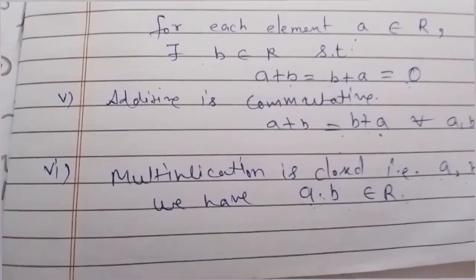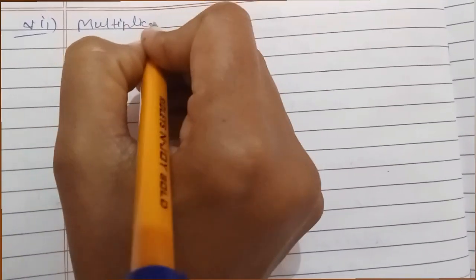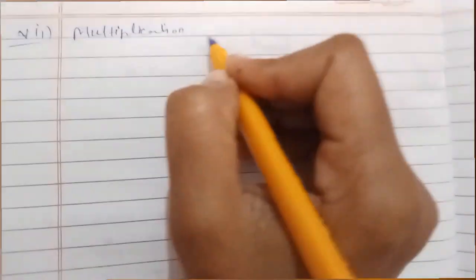So the seventh property is multiplication is associative.